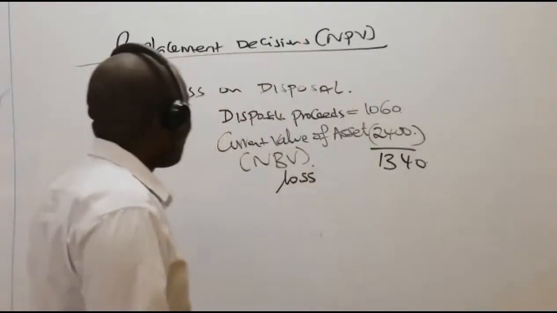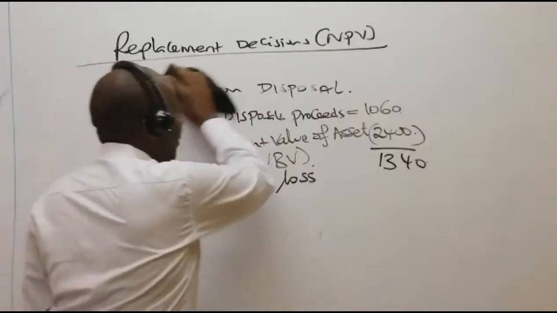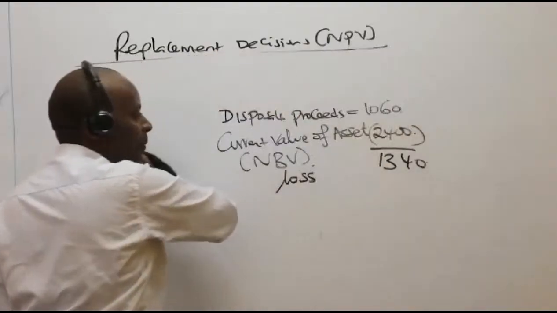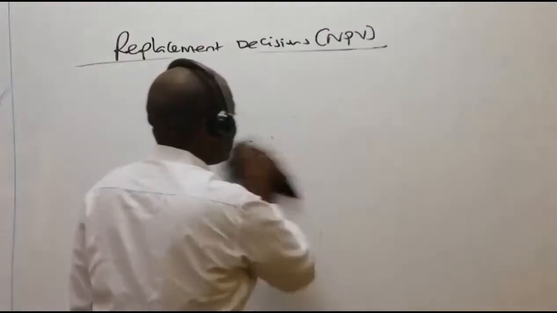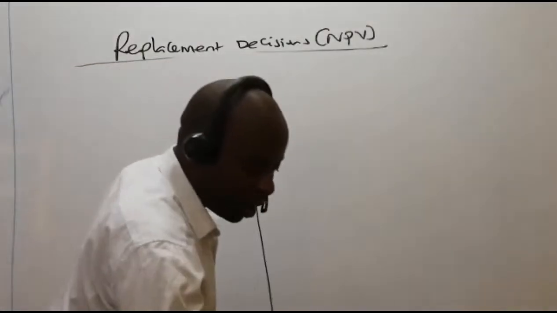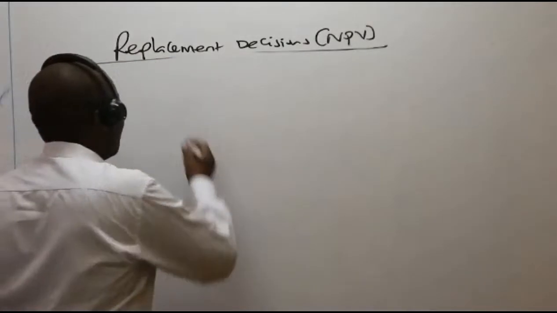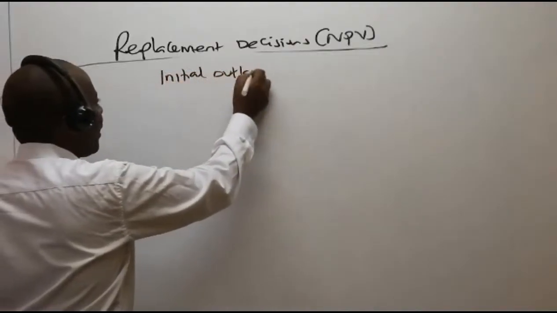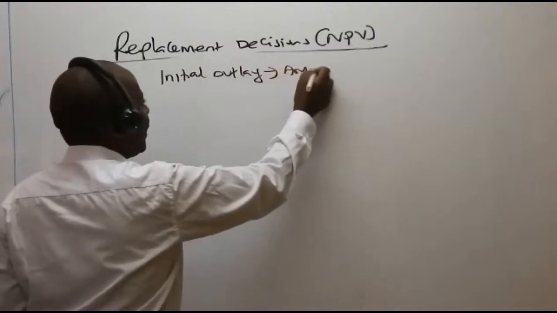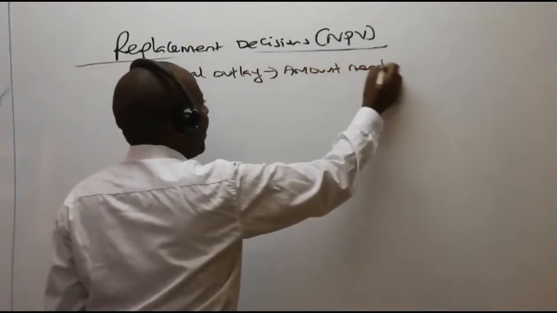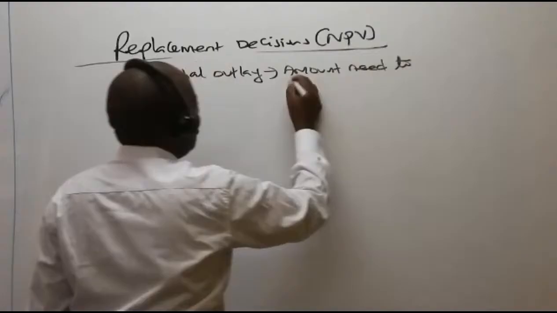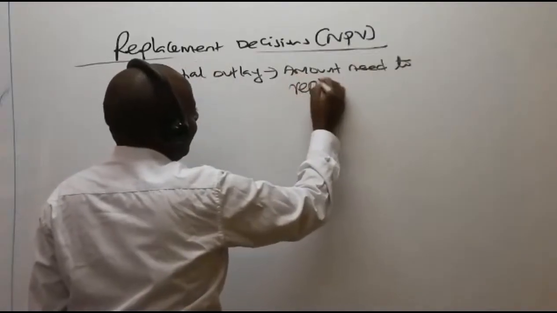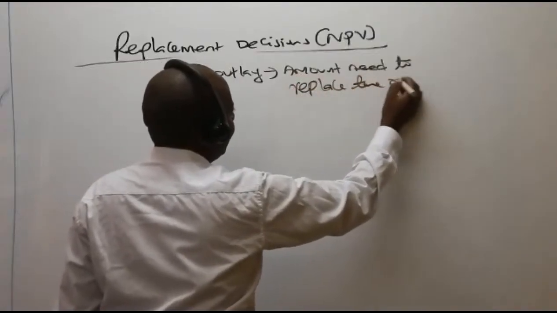Now from there, ladies and gentlemen, step number 2. Now come and give us step 2. This is step 1, the first step. So step number 2, come and give us the initial outlay. The initial outlay is the amount needed today to do the replacement, to replace the old asset.